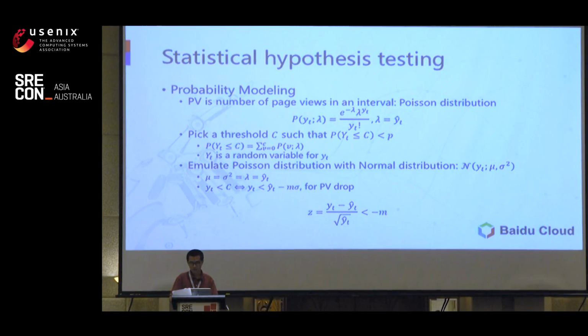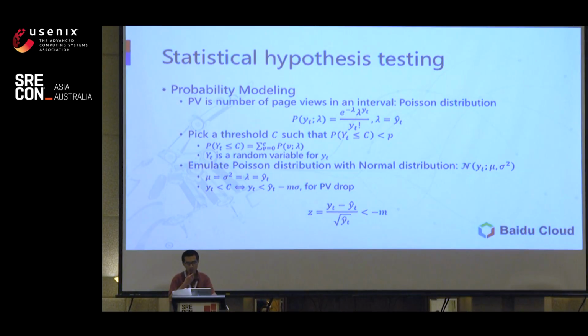The Poisson distribution models the number of random events happening in a fixed time interval. From this perspective, we can regard the observed PV number y_t as a random variable of the Poisson distribution, and the predicted PV number y hat t becomes the expectation lambda of the random variable. The probability distribution function is shown in the formula.